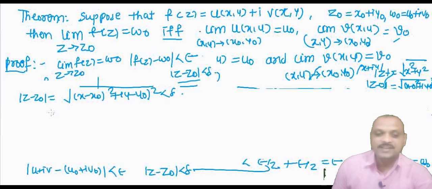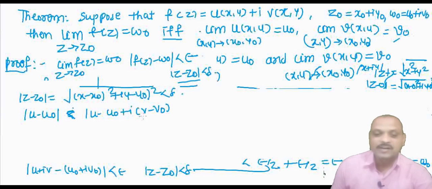And you can see that for u minus u0 we write an additional term, mod of (u minus u0) plus i into (v minus v0). Just as the single number 2 is less than 2 plus 3, because we have taken this additional part, this part is smaller than this one.